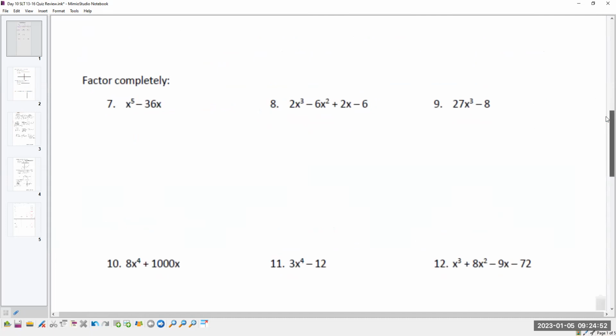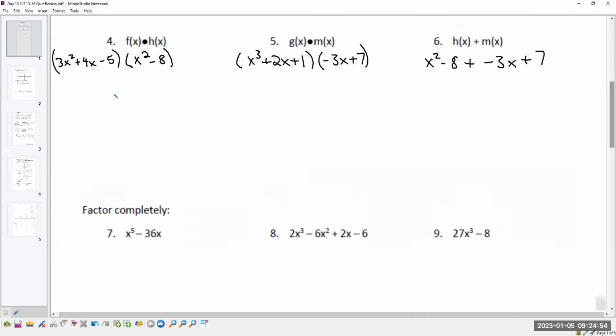Ooh, too far. Okay, so now when I distribute, I'm literally just going to distribute to multiply. 3x squared times x squared becomes 3x to the 4th. 3x squared times -8 becomes -24x squared. 4x times x squared becomes 4x to the 3rd.